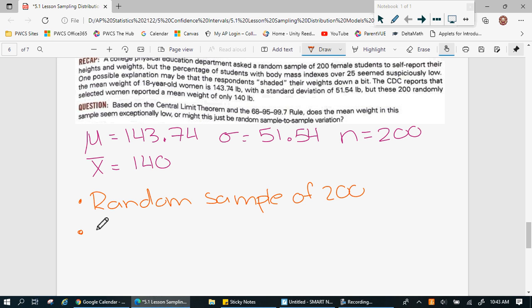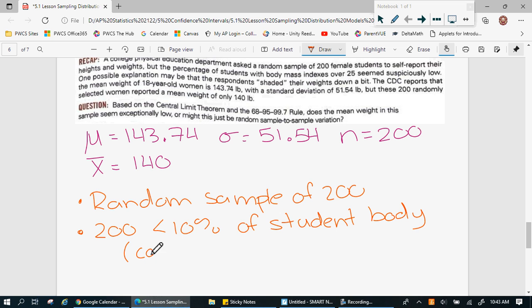As we talked about last time, 200 students is less than 10% of the student body at a big university. And because that is true, we can consider them independent.